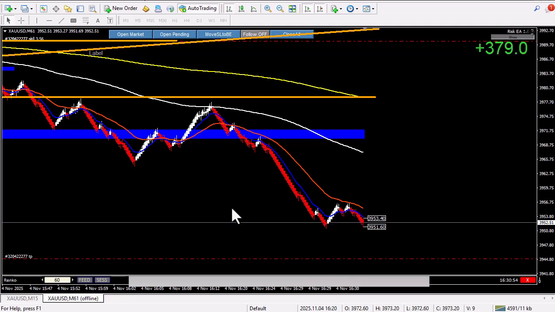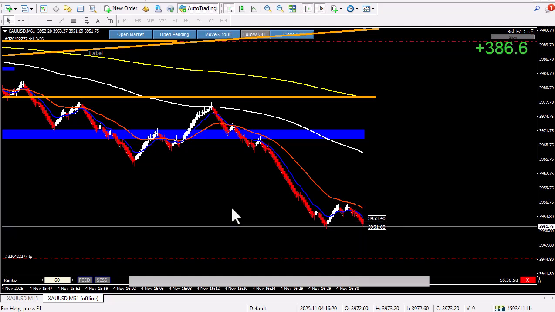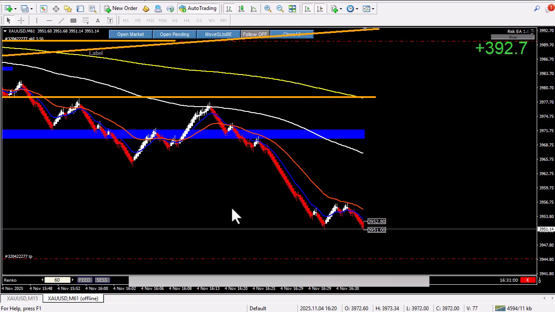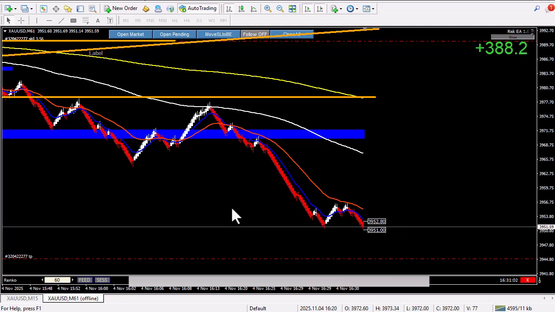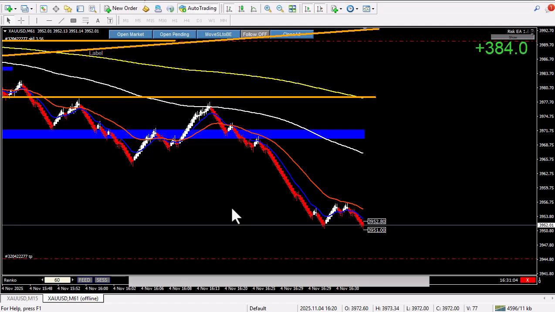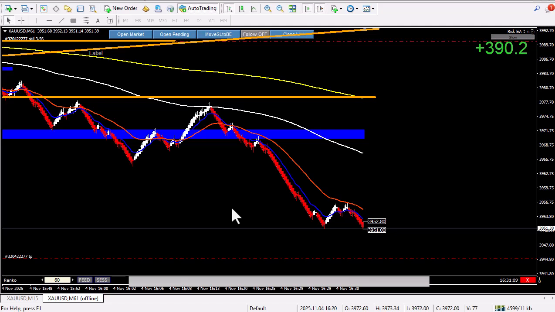If this trade goes to the target area by risking 3% and going 1 to 30 times in return, our account will double, which I will show.